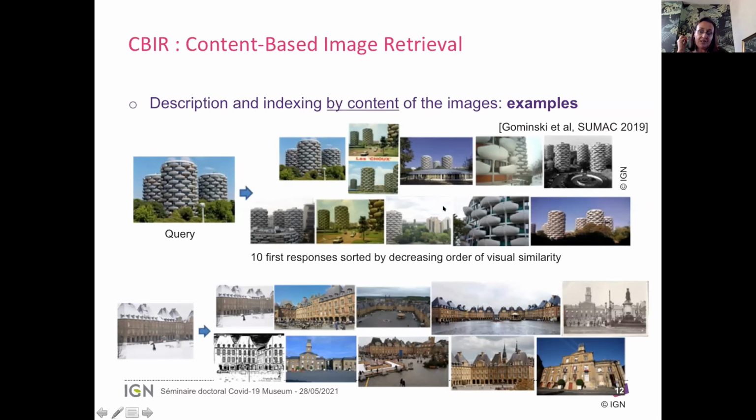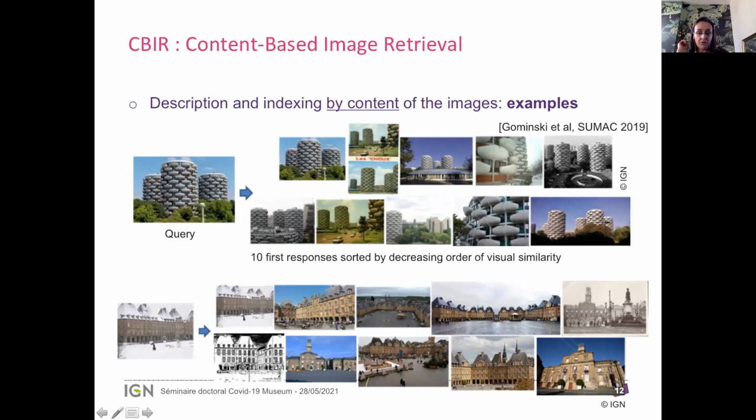It is the 10 first images here, ranked by decreasing order of visual similarity. The descriptors here were built according to a particular task, which was to retrieve the same buildings despite the potential differences of viewpoint, illumination, etc.